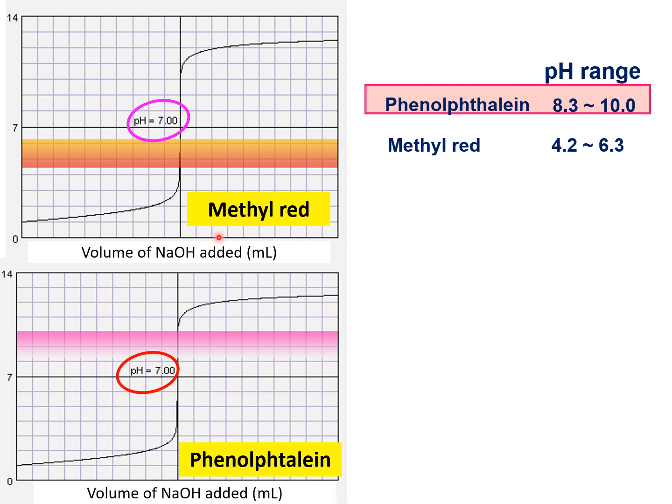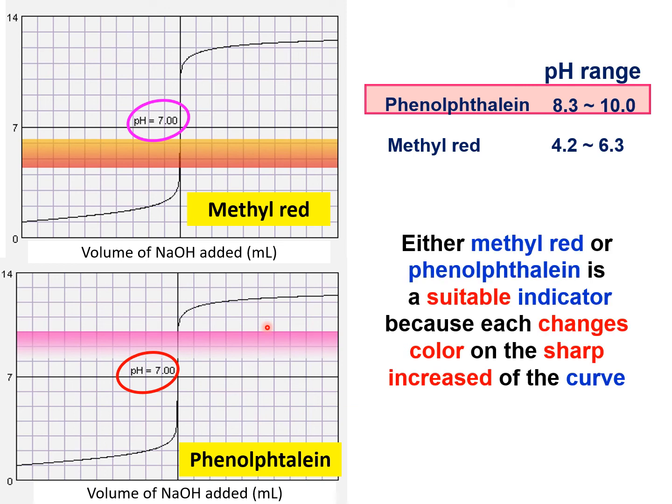So here, what is our pH jump? Our pH jump is 3 to 11. If you look here, both methyl red and phenolphthalein are suitable indicators, because each changes colour on the sharp increase of the curve. What does that mean? The colour change will occur within the pH range between 3 to 11.